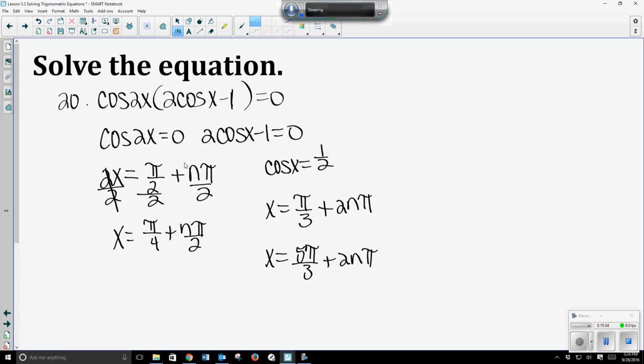So it would be hard to include that into the 2n pi. So you have to do them separately. Now, I don't know about your teacher, but if you were to do the first part separately, the pi over 2 plus n pi and the 3 pi over 2 plus n pi, I don't see where that would be wrong. It would just be redundant.